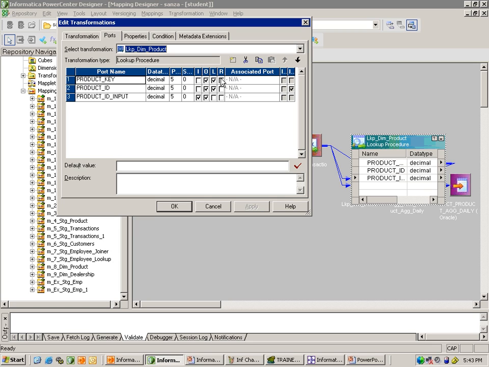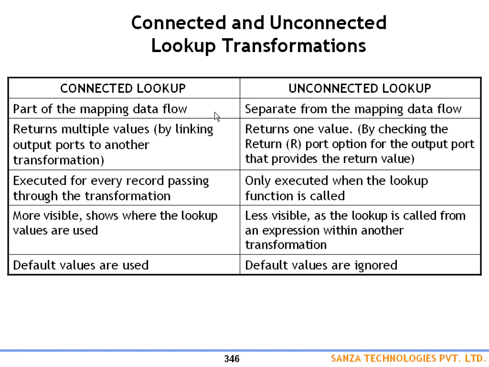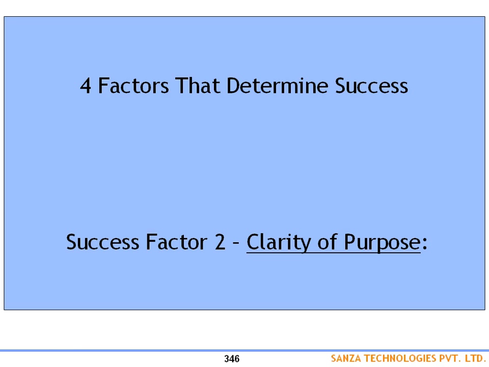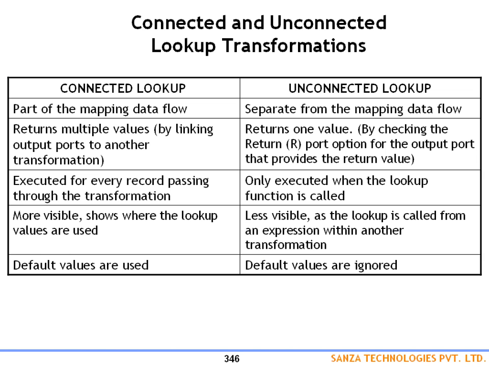This is called a return port. If it is connected, you can return multiple values. If it is unconnected, it will return only 1 value. So this is the difference between connected and unconnected stored procedure, or connected and unconnected lookup.